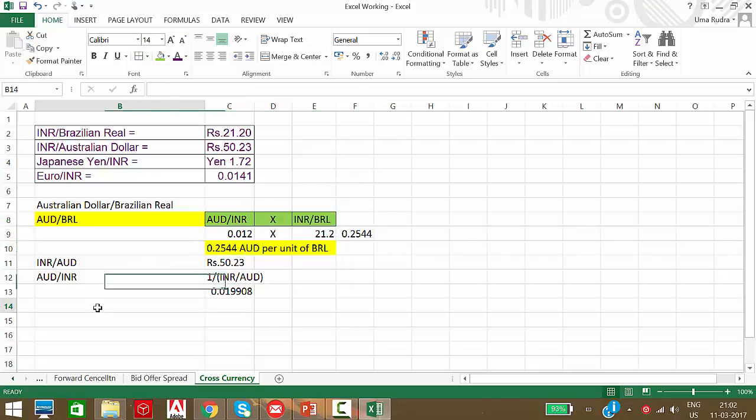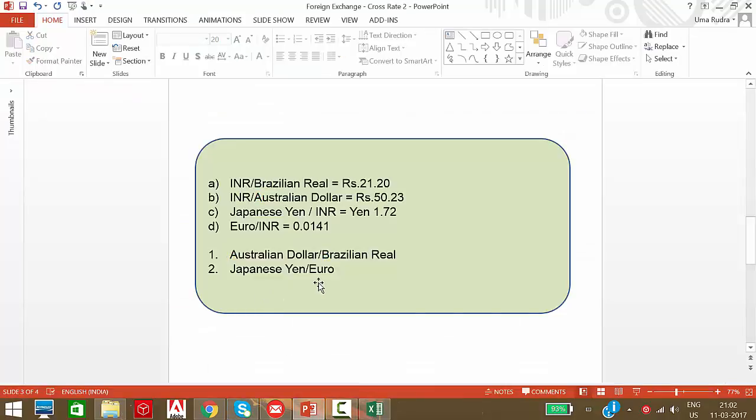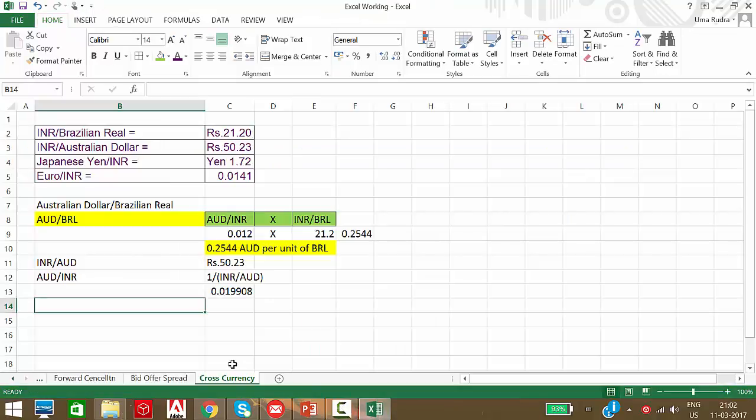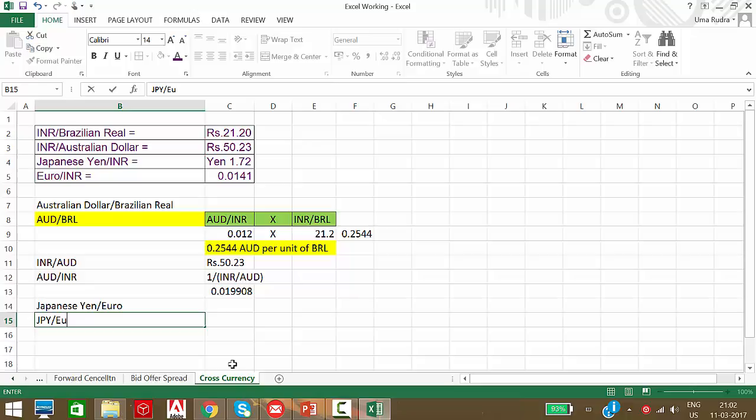My second point was Japanese yen per unit of euro. Simple, I'm sure you are very confident now doing this. How will I do it?